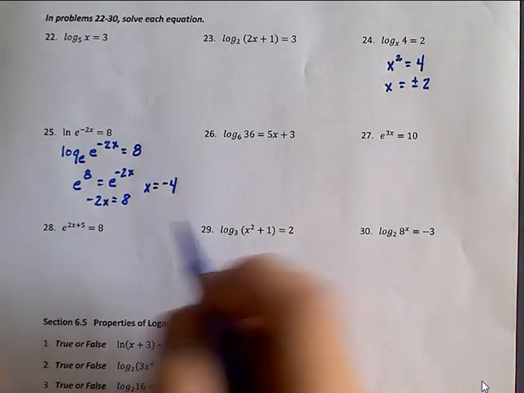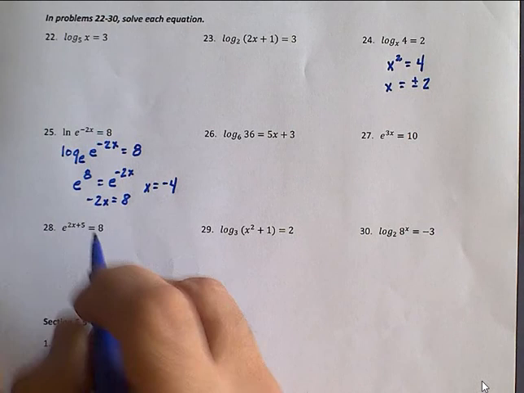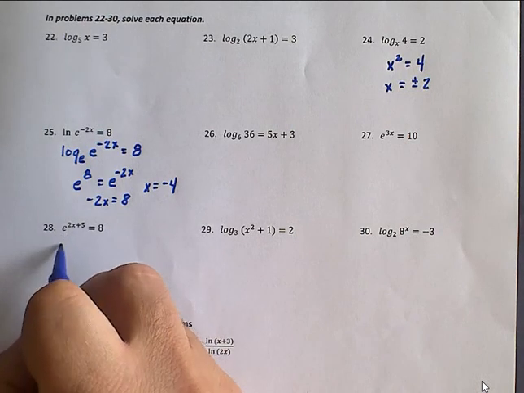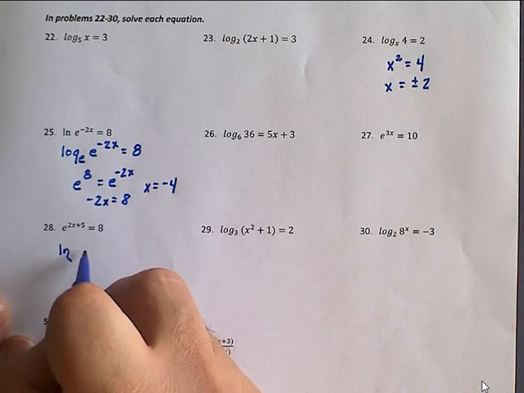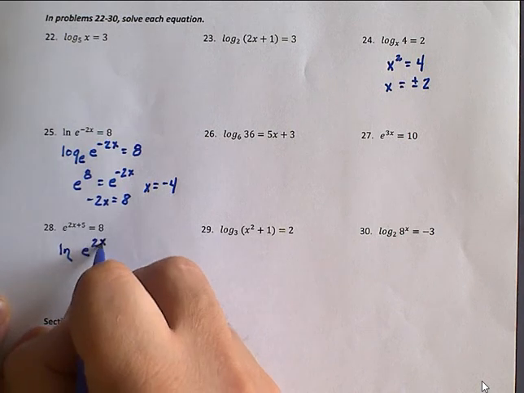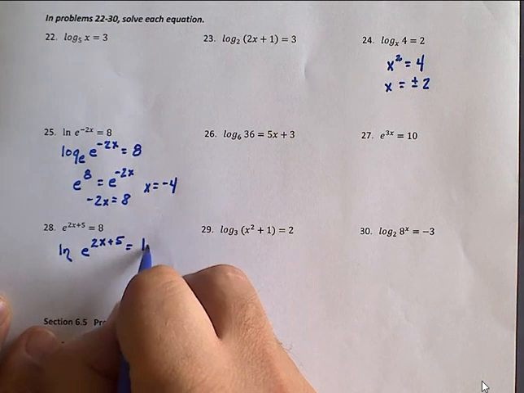Because this is already in exponential form, and I have no way of undoing an e that's only on one side, if you have a natural base, the only thing that will get rid of a natural base is a natural log. So I'm going to take the natural log of both sides of this equation.